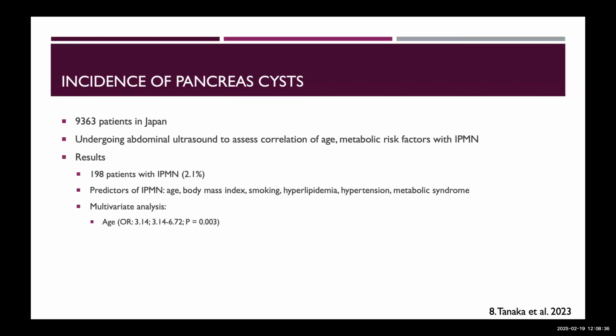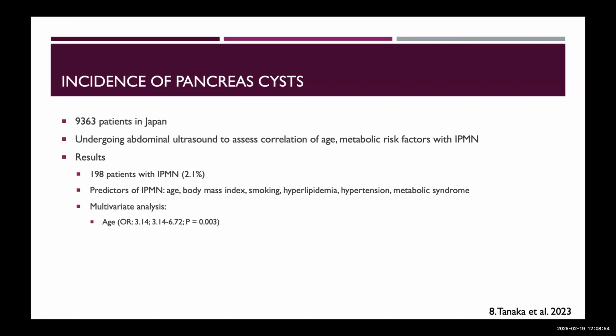And lastly, I just wanted to show one more study, but this was a Japanese study looking at around 9,000 individuals undergoing abdominal ultrasound, evaluating for IPMN, and also assessing correlates or risk factors or predictors for development of IPMN down the line.